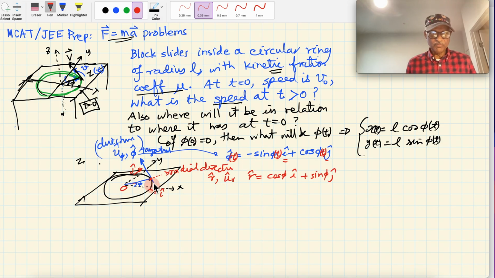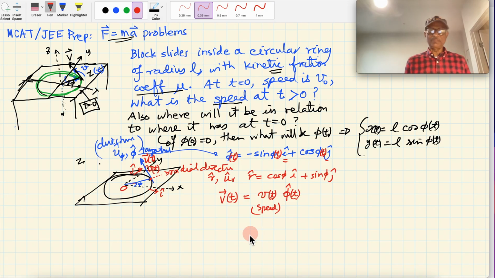Okay, so the velocity is pointed that way at this time, and has magnitude v as a speed, which is a function of time. So the velocity vector at time t will be v at time t, that's the speed part, and then in the tangential direction, which also is time dependent, as we said.